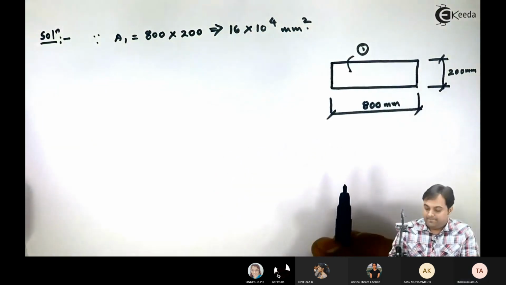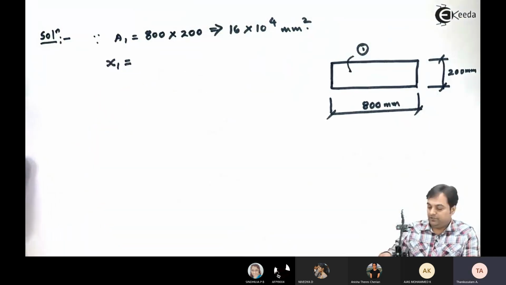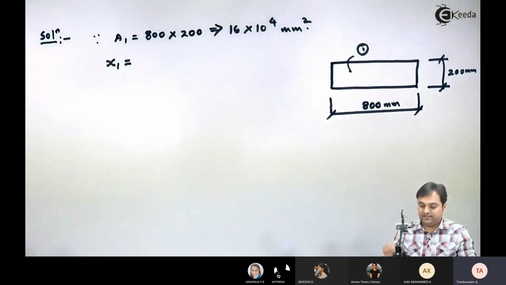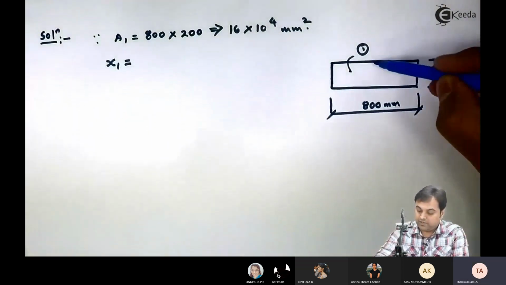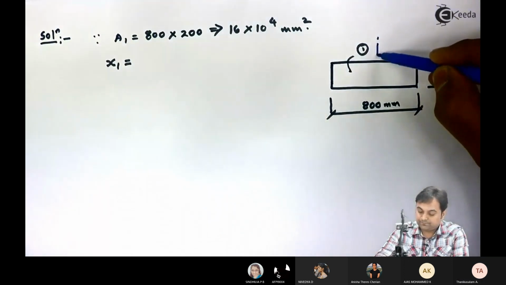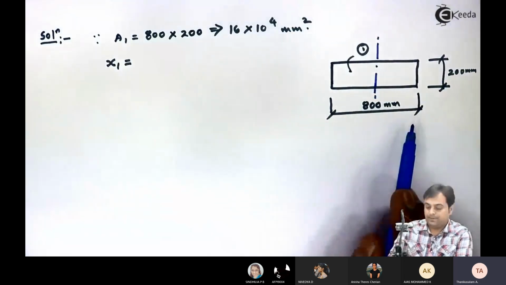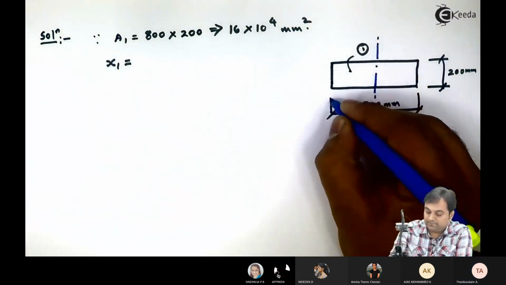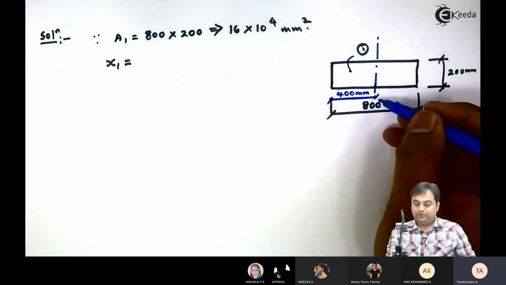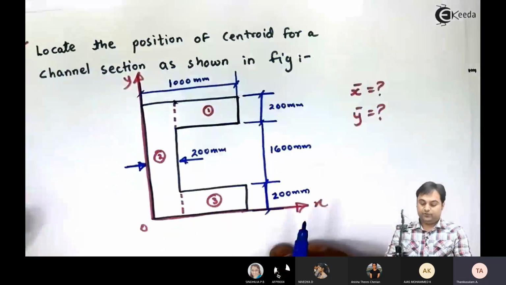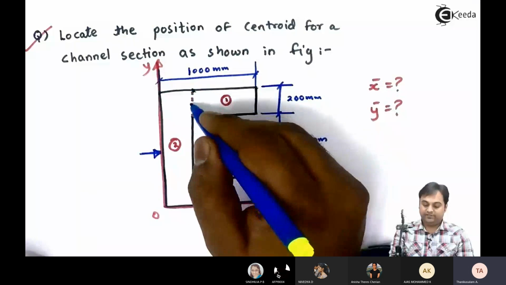After getting the area, I will calculate x1. x1 is nothing but the location of the y-axis for the first rectangle. For rectangle number 1, its y-axis passes exactly at half of 800, so this distance is 400 mm, measured from where we have separated the rectangle.